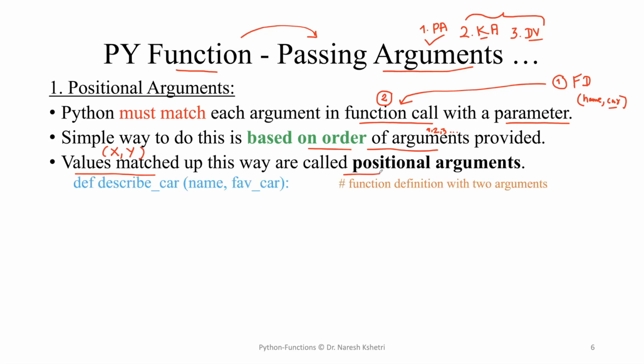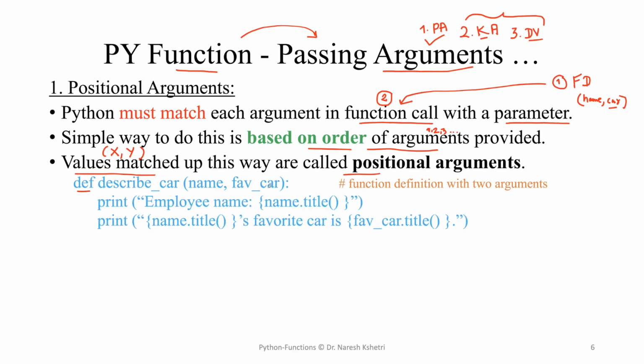Something like this in the example, let us see. We have our function defined with the def keyword, and the function name is describe_car, and we want two things, the name and your favorite car. We do something like this inside our function with just two lines of actual code.